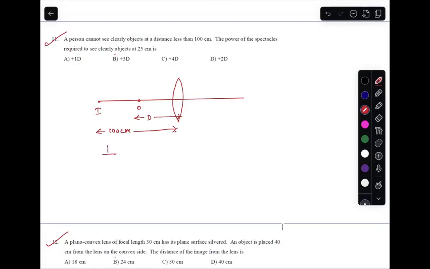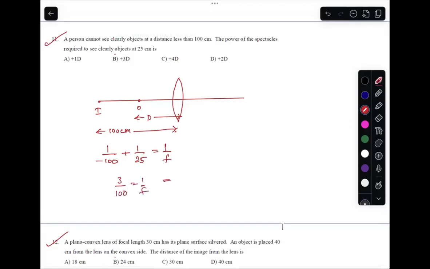So 1 by minus 100 plus 1 by 25 is 1 by f. Finally, you will have 3 by 100 as 1 by f.